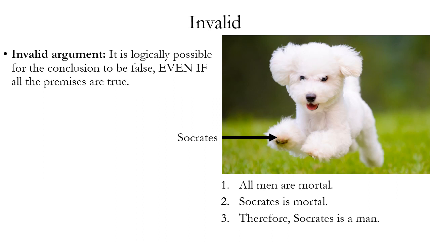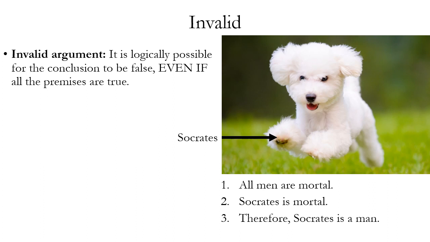This is very similar to the valid argument we looked at before, but there's one subtle difference. The second premise does not say that Socrates is a man. It says that Socrates is mortal. And that one difference is enough to make it invalid. We can illustrate its invalidity with an example. Suppose Socrates is a mortal creature but is not a man. Perhaps Socrates is a dog.